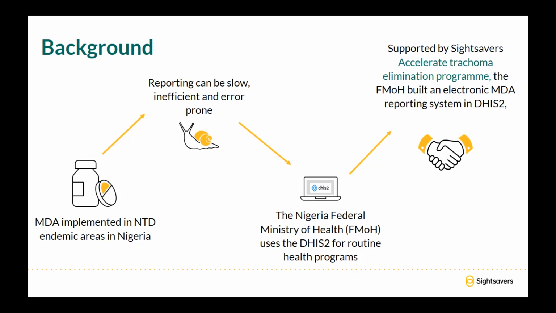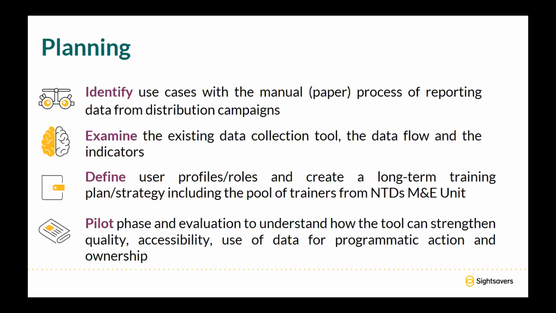During the assessment that we've done so far, there were some bottlenecks when we wanted to implement the tool. There were delays in the quality of the data, and also poor documentation of the treatment numbers and the reporting rates. Also, the Nigeria Federal Ministry of Health uses DHIS2 as the HMIS for routine health programs.